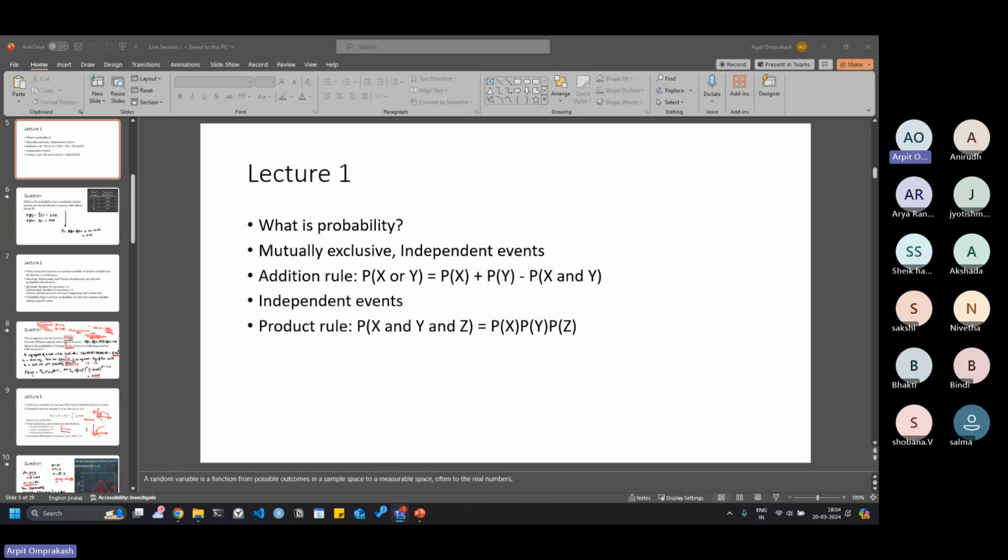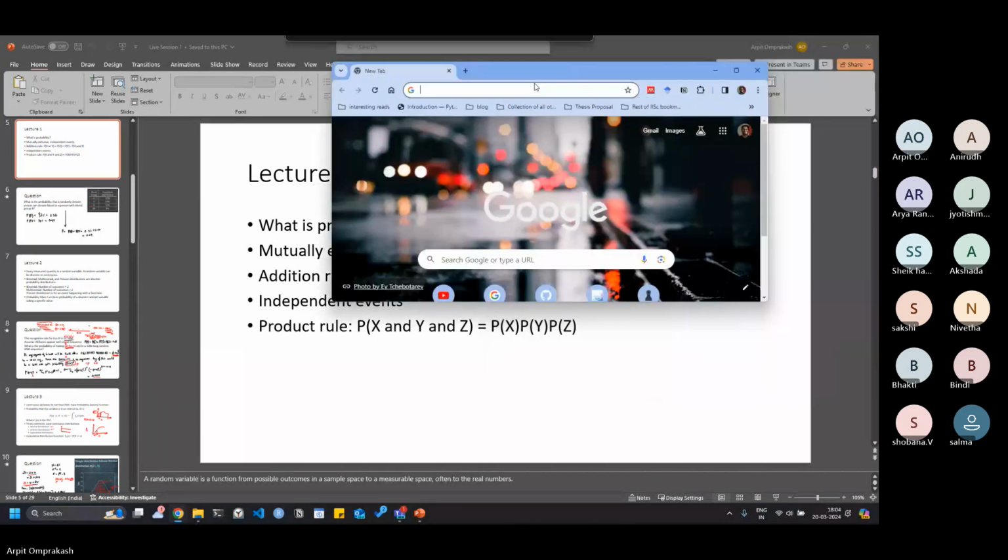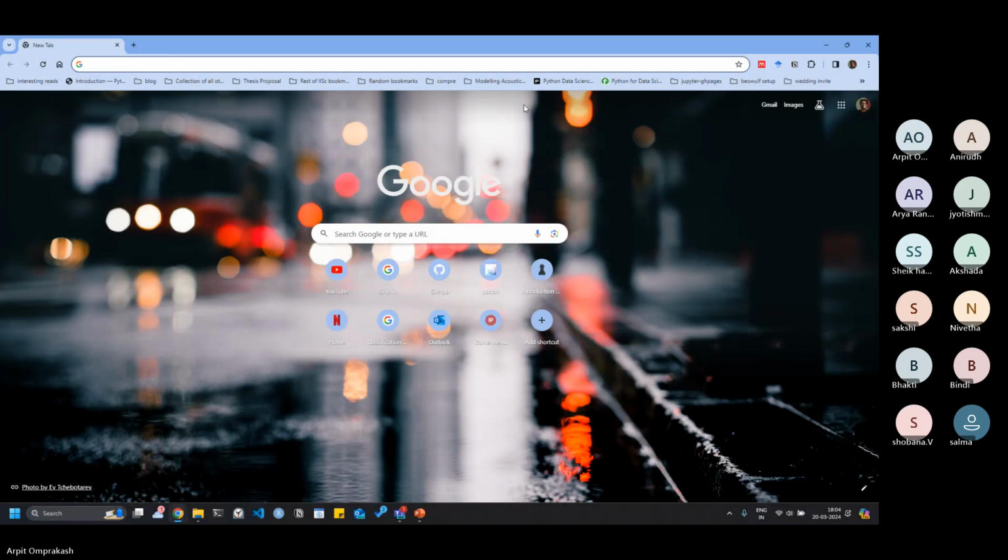How to use the scientific calculator? Okay, one second. Does anyone have the link to the calculator?